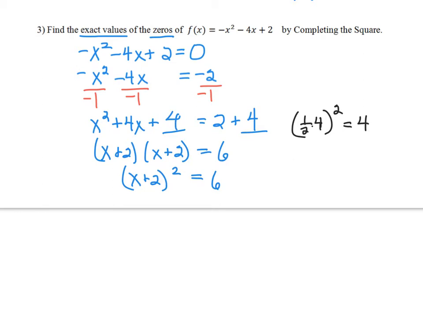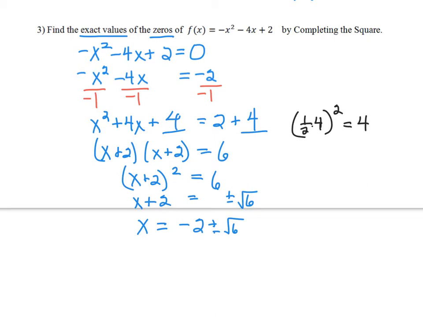So to solve for x, we're going to take the square root on both sides. So we get x plus 2 is equal to the positive and negative square root of 6. And then get the x by itself. So x is equal to negative 2 plus or minus radical 6.